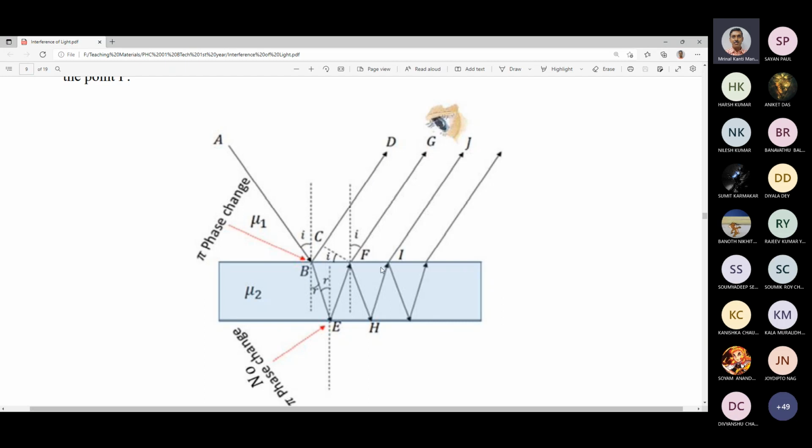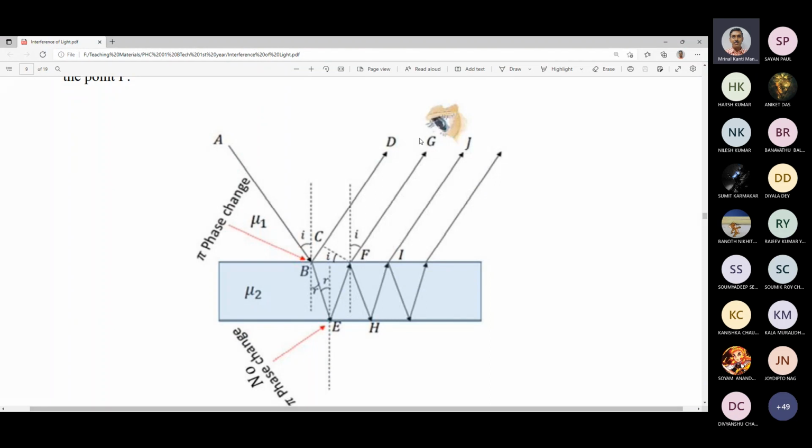If we consider CD and IJ, the amplitude is reduced compared to this. But these two are almost the same amplitude. So we consider these first two reflected beams, and since they are parallel, if we unite them by some means, that is by a lens, then we can observe the interference pattern at that point.